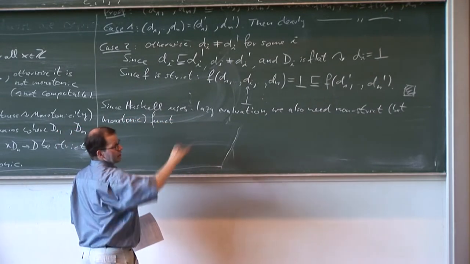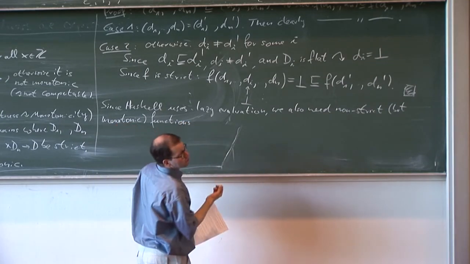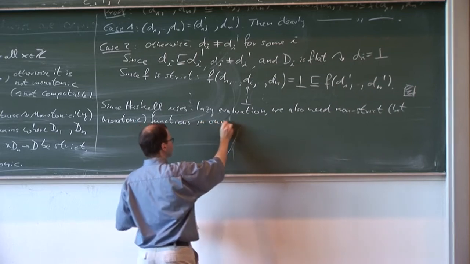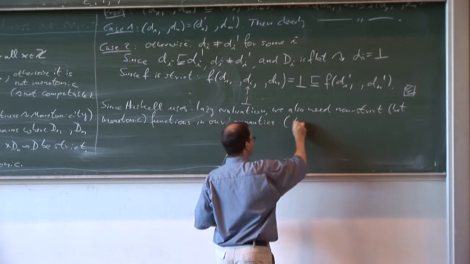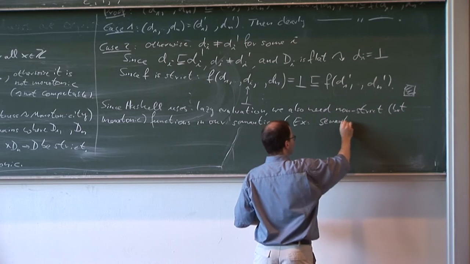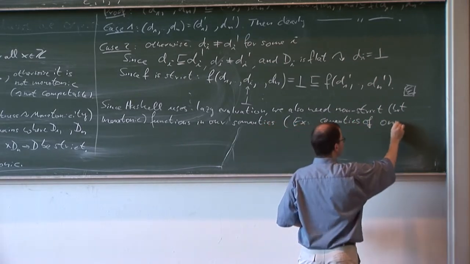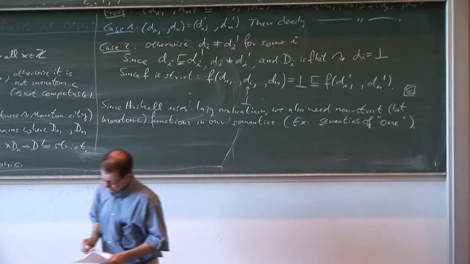And this F3 was an example. Yeah, F3 is not computable. F1 is the one that we use in our semantics. So an example was the semantics of this function 1 that we have on the slide over there.